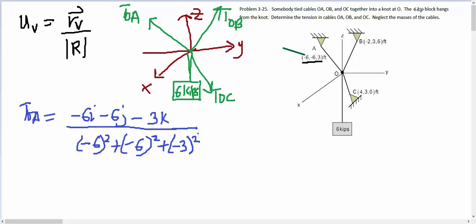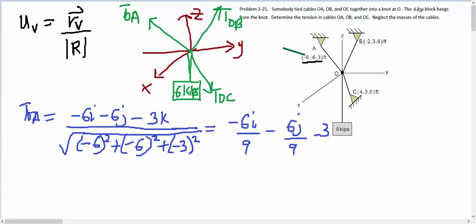And then the square root of everything here. So that would give us 9 in the denominator. So each one of these fractions would be over 9, minus 3 K over 9. Now we do the same thing for TOB and TOC as well.